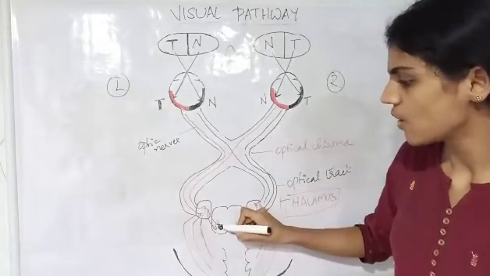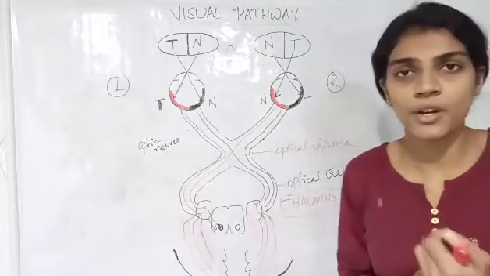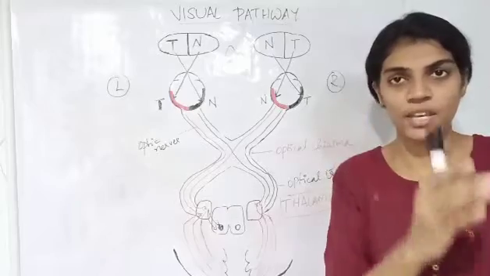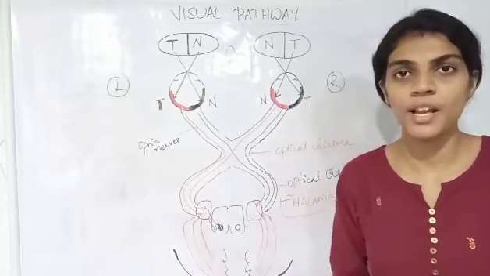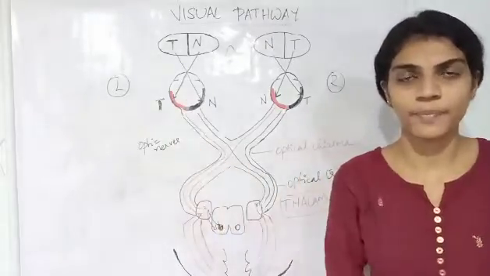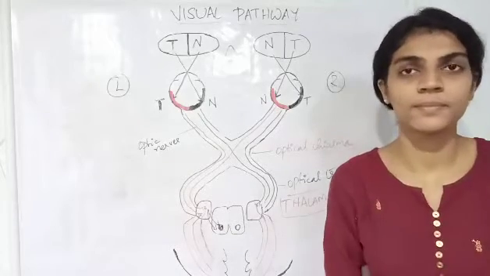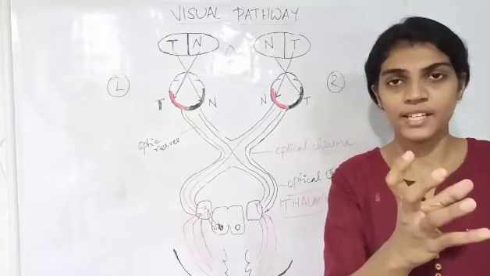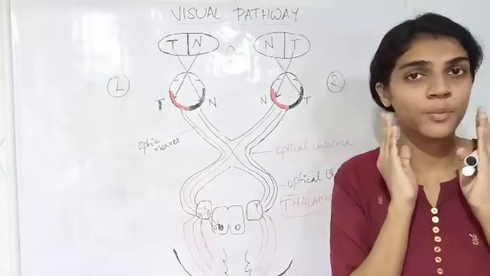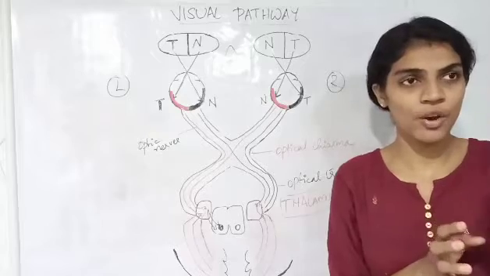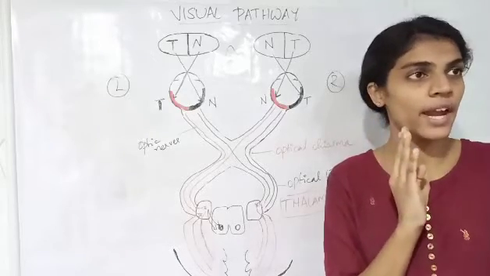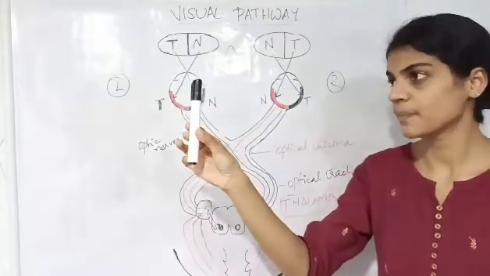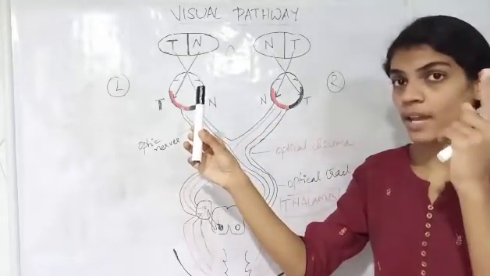What is the function of the superior colliculus? Suppose you are observing a person passing by, and you are watching him. Depending on that visual field, you will have a reflex head movement. If something is moving, I'll move my head and also my eyeball.